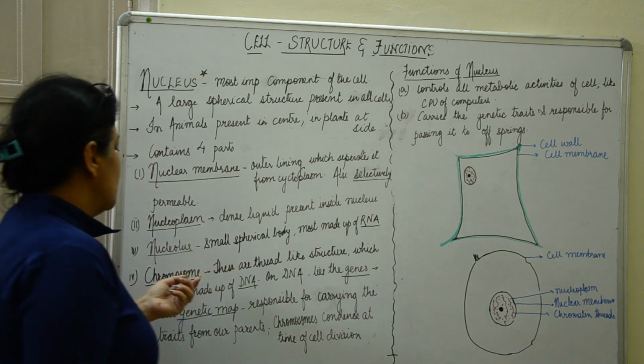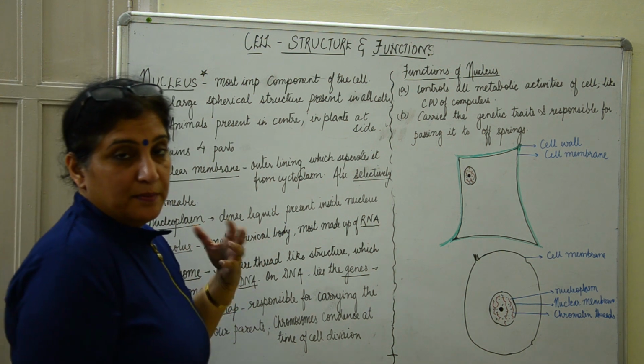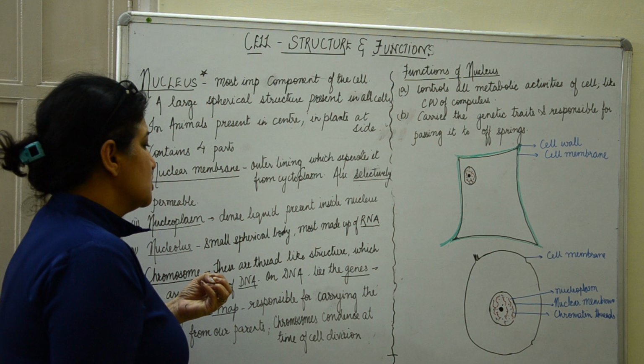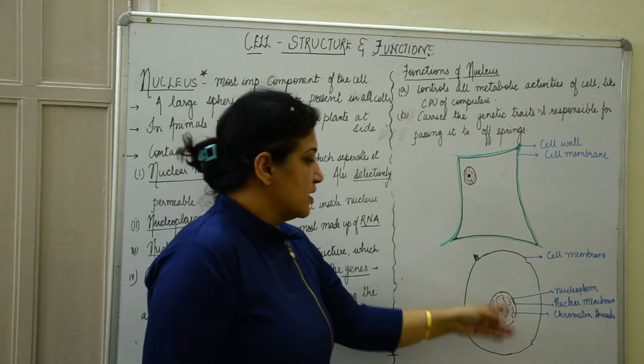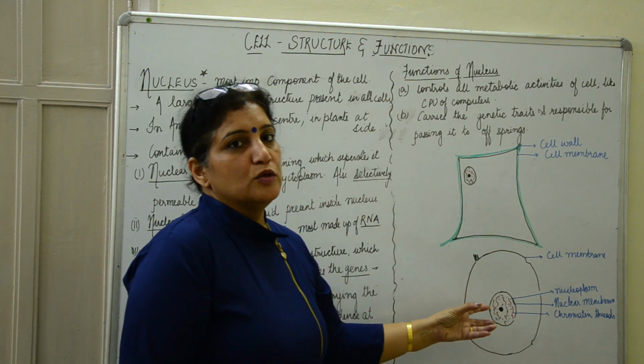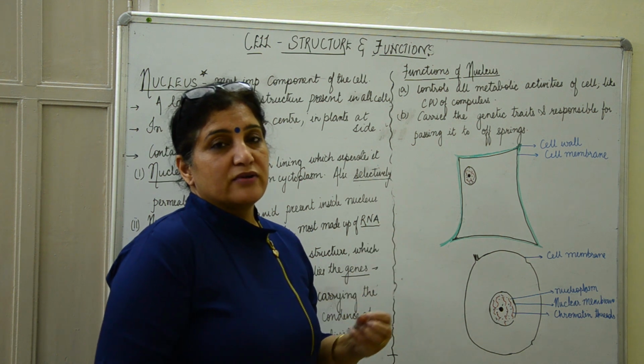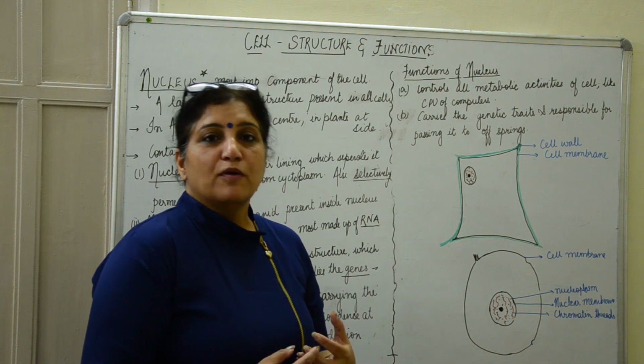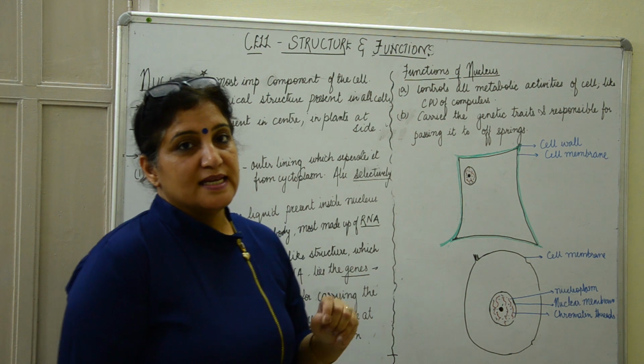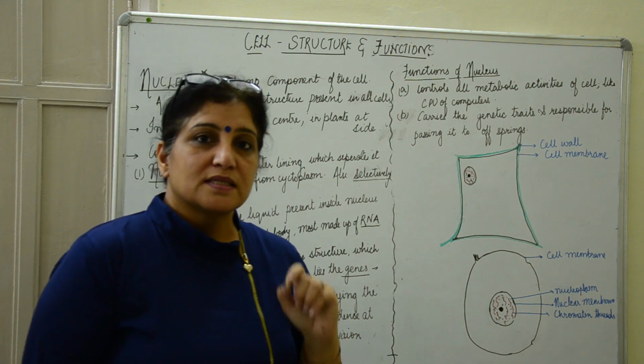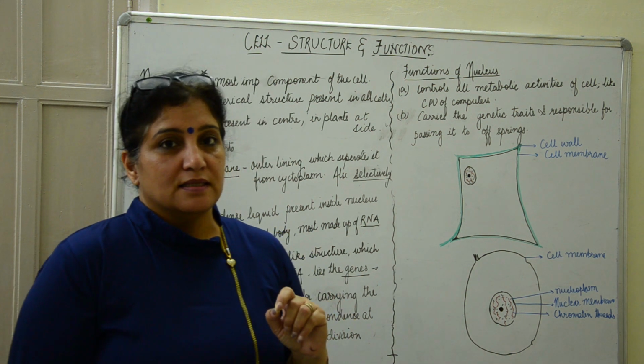Now chromosomes. This is something very important and very interesting. These are thread-like structures which are floating in the nucleoplasm. This thread-like structure is basically made up of DNA. I hope you all know what DNA is: deoxyribonucleic acid.